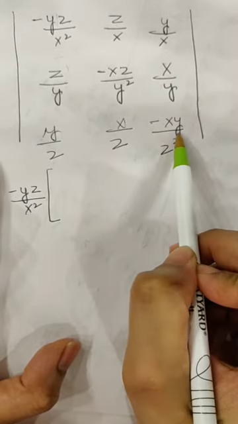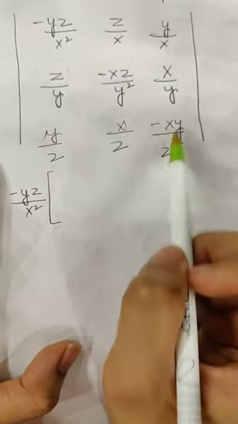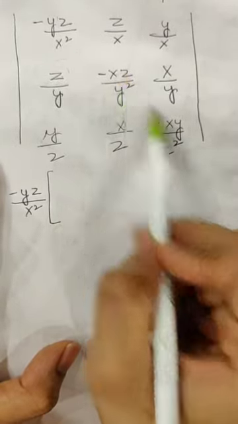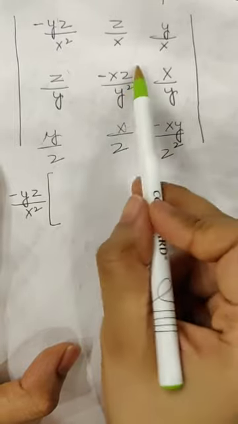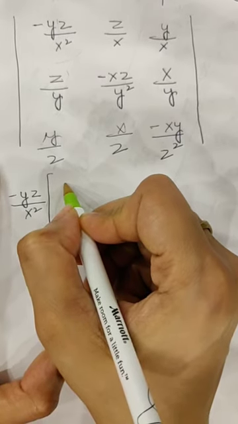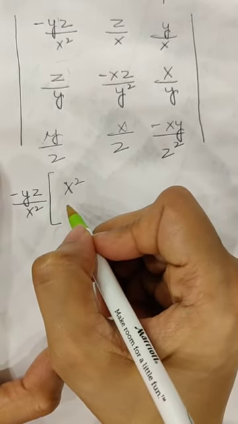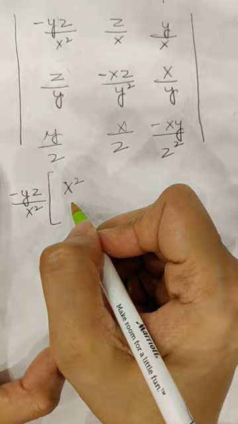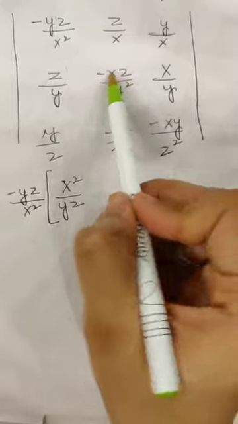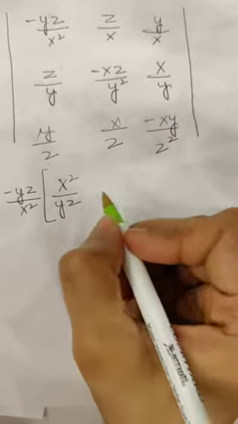This term into this term comes out to be, minus minus gets cancelled, x square by yz, and one y and one z get cancelled, so this becomes x square by yz.